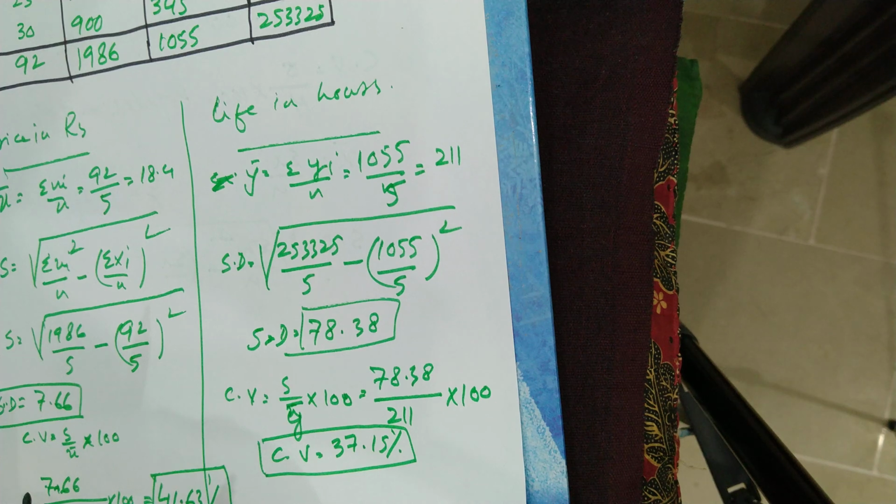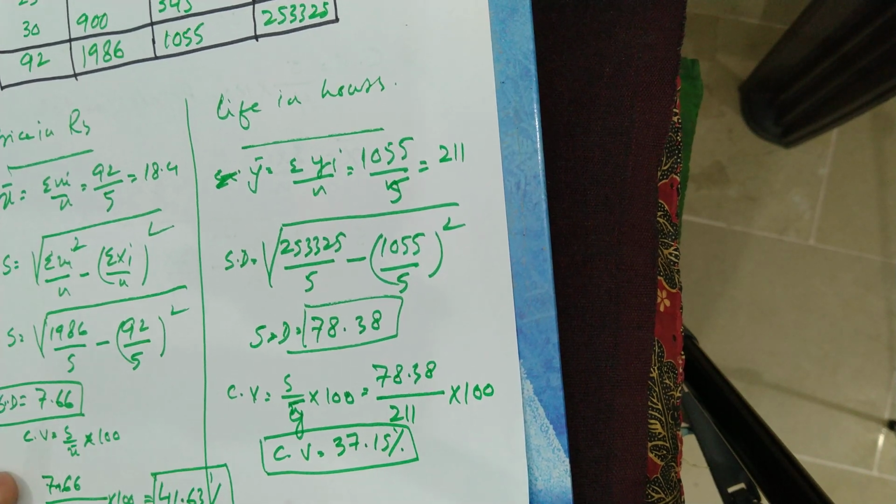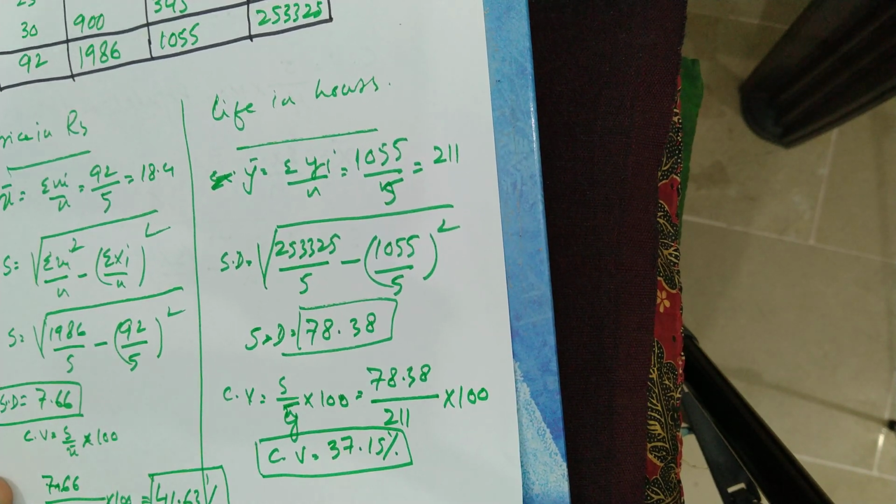Hence the price of certain similar commodities shows greater variation than the life in hours under this test.